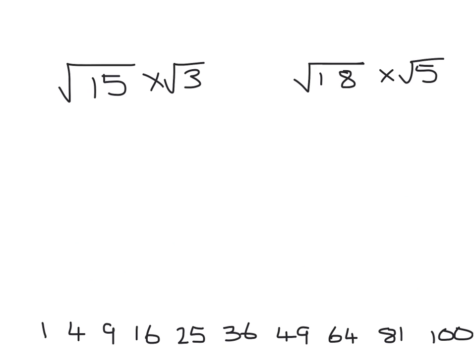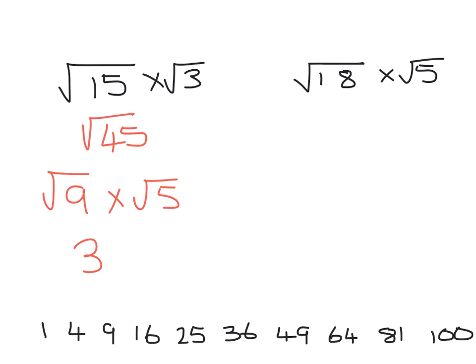As a slight expansion on what we were doing, here we need to multiply two roots together first before we simplify it. So root 15 multiplied by root 3 would give us root 45. Then we need to simplify that. So that would be root 9 multiplied by root 5, which would be 3 root 5.